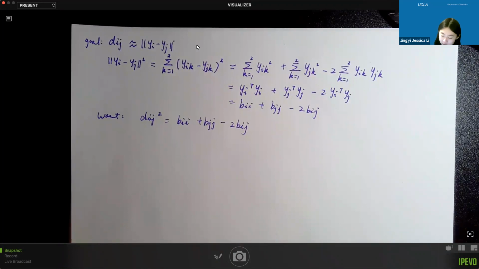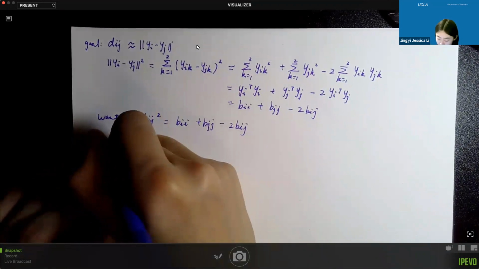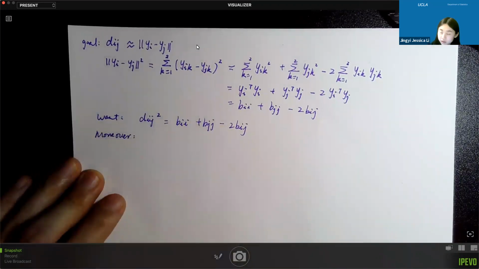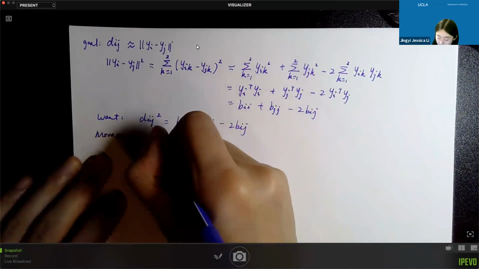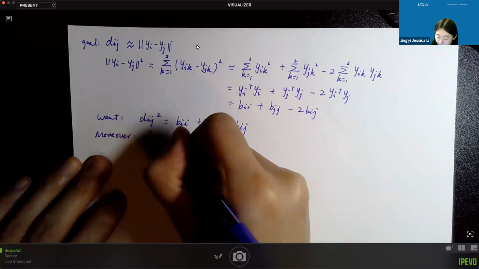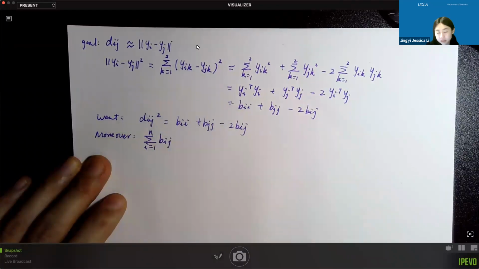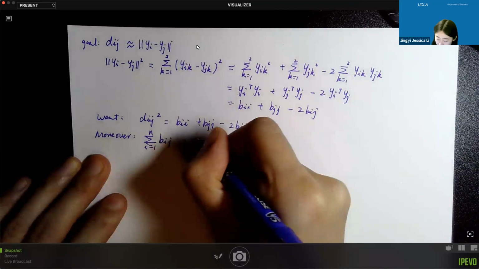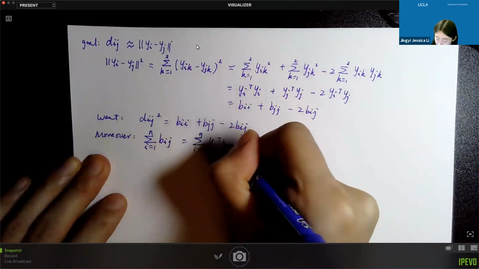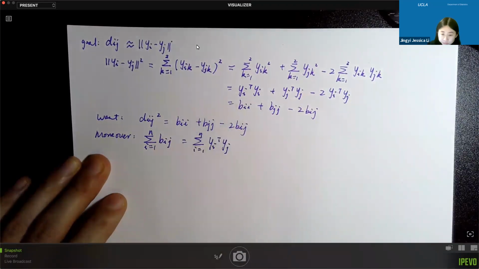Okay, so moreover, for the Gram matrix, we have some interesting property. The first thing is we can consider its column sum. So for the jth column, let's say we take the summation of the n entries in the jth column. Let's see what that is. We know by definition, B_ij is just Y_i transpose Y_j, right?